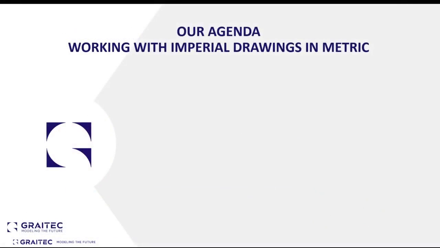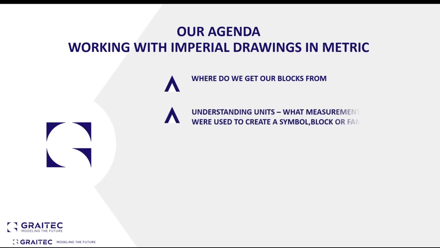So in this video, we're going to be taking a look at a few topics which I'm going to break down. We're going to look at, well, where can we get blocks from, for AutoCAD and other products? We're also then going to look at gaining an understanding about what something called units are. These are the actual measurements by which any particular symbol or block or family has actually been created.